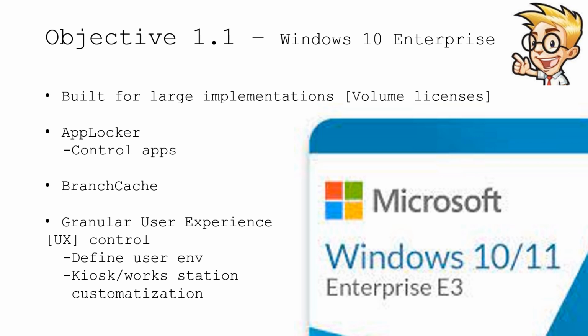This allows someone to completely customize what features might be available to someone using the operating system. This is especially useful if someone needs to configure a Windows implementation as a kiosk or set up a very specific kind of desktop environment.